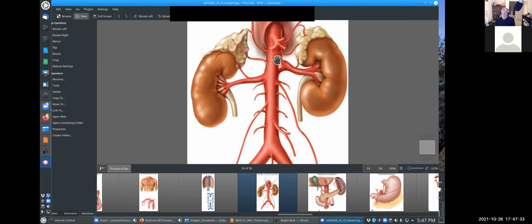Can you name the three arteries that come off of there?